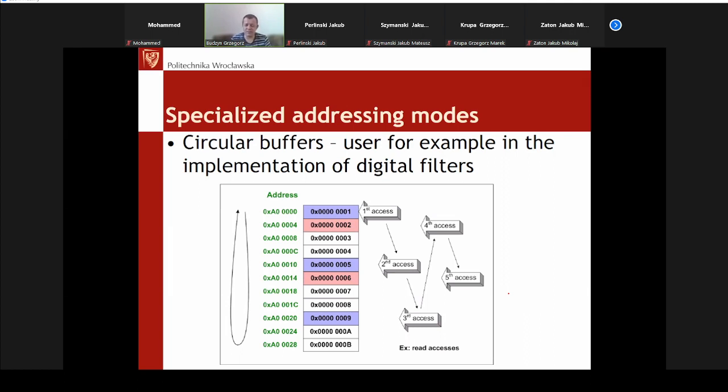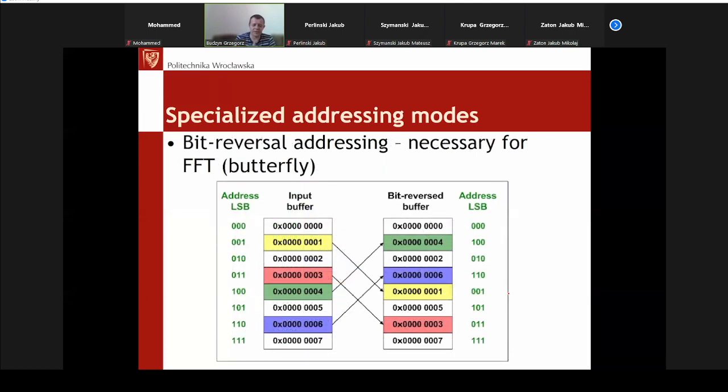One such algorithm is the FFT, with all these butterfly type operations like this one. Then bit reversal addressing, for example, does the job.